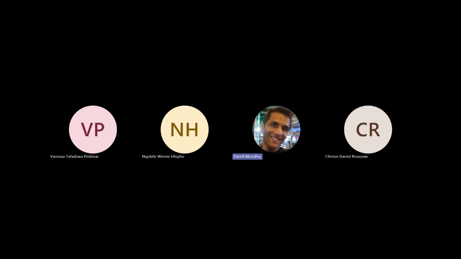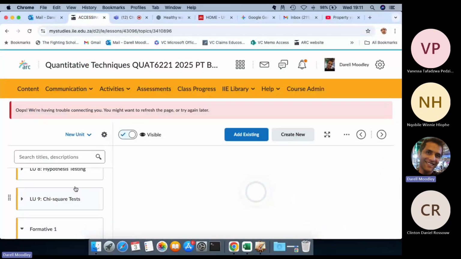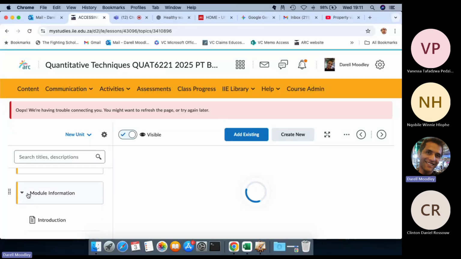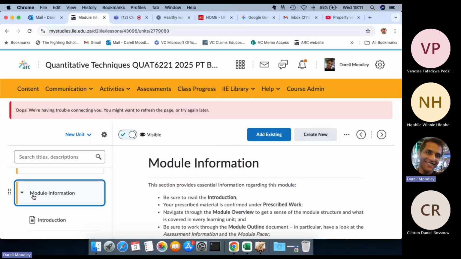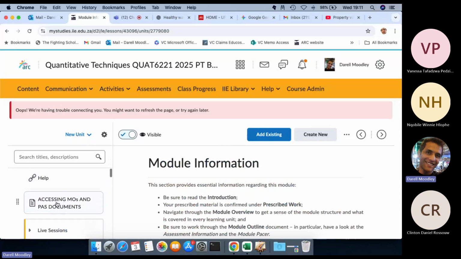Let me just share my screen, because I've given you the links to get to your module outline. If you go to ARC and see on the left, in the content, you'll see module information. If you click on module information and scroll down, you'll see a page that says accessing MOs, module outline, and past documents.